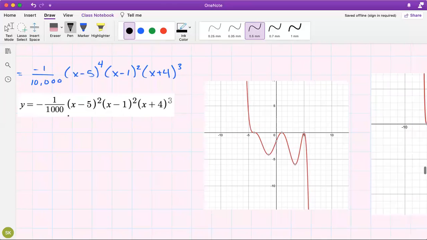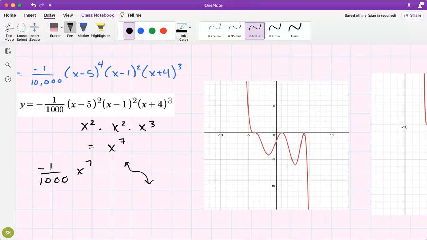We have a negative in the front, and the degree for this particular polynomial is x squared times x cubed, which is x to the 7th. So the power function here is -1 over 1,000 x to the 7th. This is an odd number, so it's going to look like x cubed, but it's going to look like this because of the negative, just like the other function. And we have 1, 2, 3, 4 turning points, the same number as the other graph.